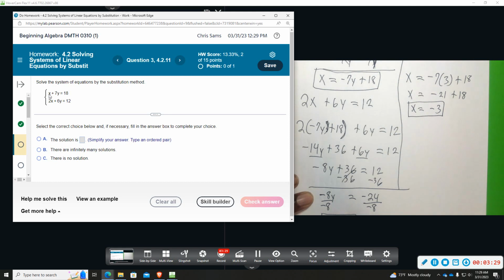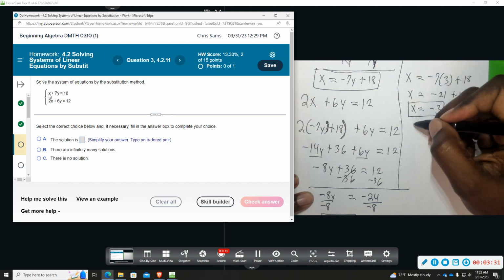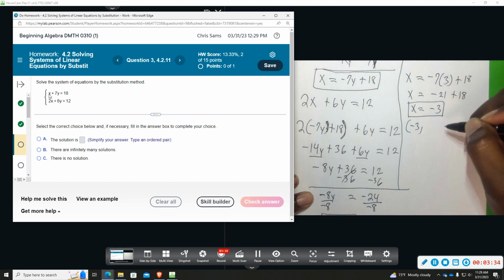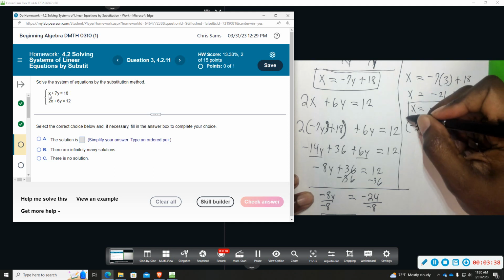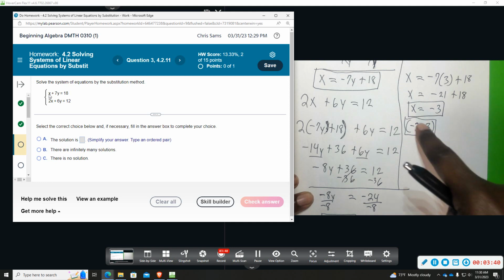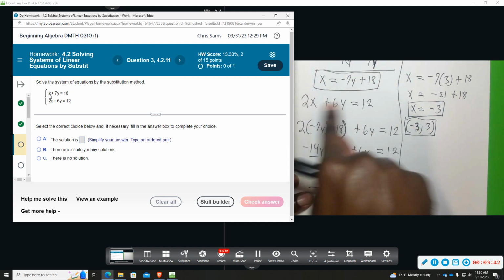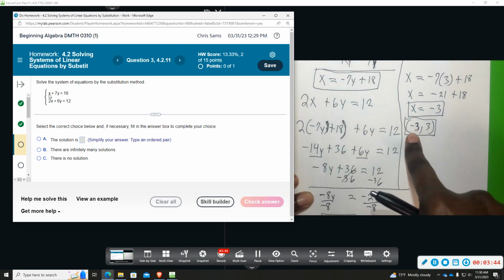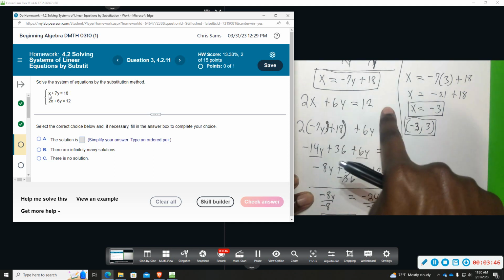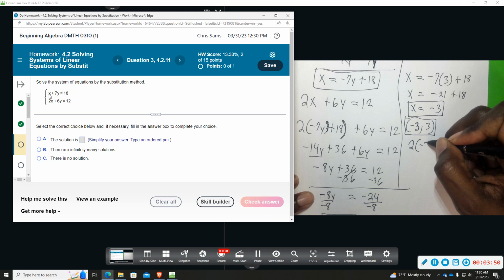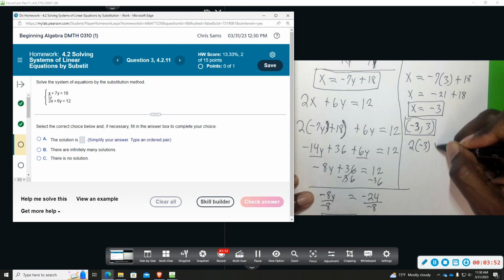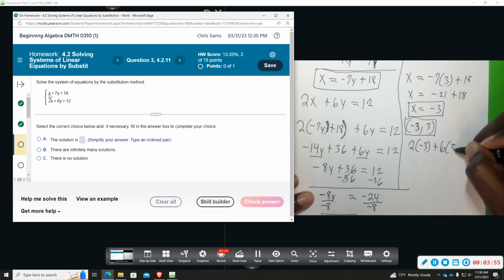Okay, so now that I have my ordered pair, I have x is negative 3, y is positive 3. This is what I believe my solution to be. I'm going to check it. So I just used this equation. Now I'm going to use the other equation. I'm going to plug in negative 3 for x, positive 3 for y, see if I get 12. So I got 2 times negative 3 plus 6 times positive 3.